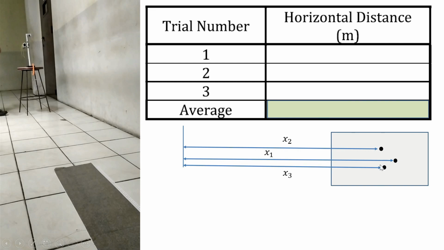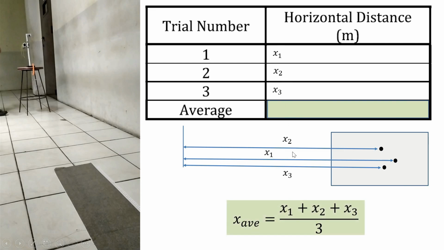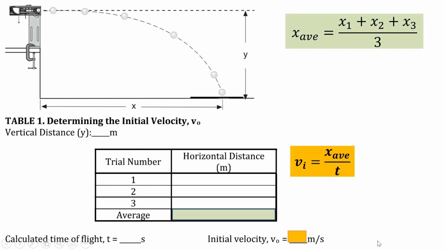So for your data, you will place your value for trial 1 here. That is x1. Here is for x2. This is for x3, and you will get the average range or the horizontal distance. To get the average range, you will add the 3 values divided by 3. So again, to solve for the initial velocity, we have to get the average range divided by the time.